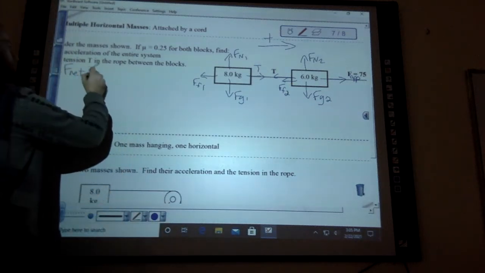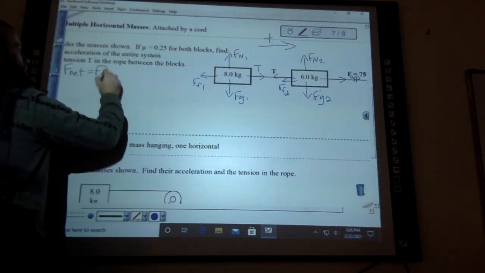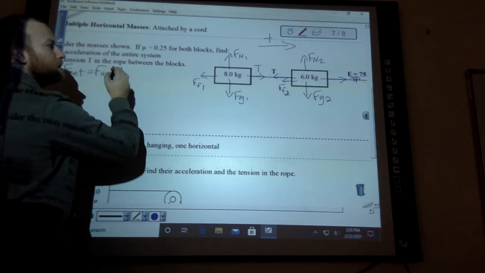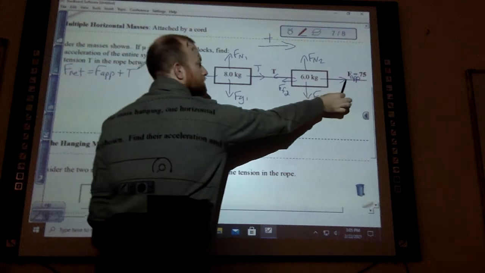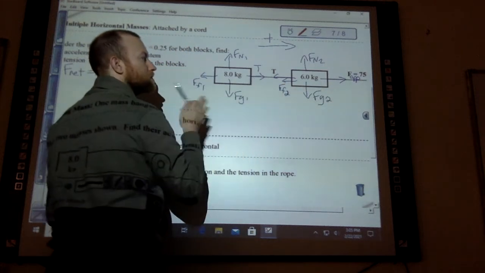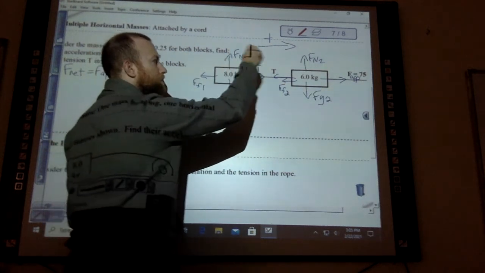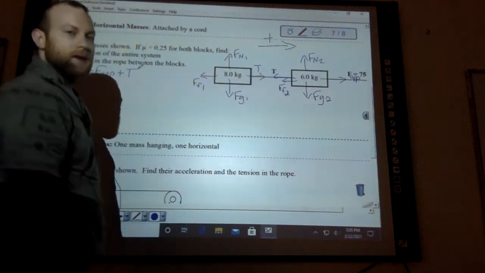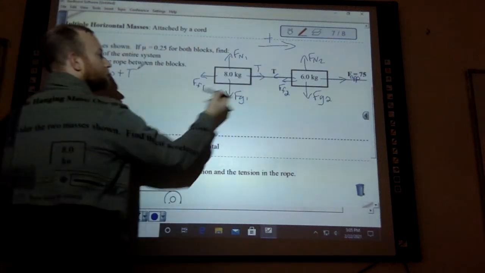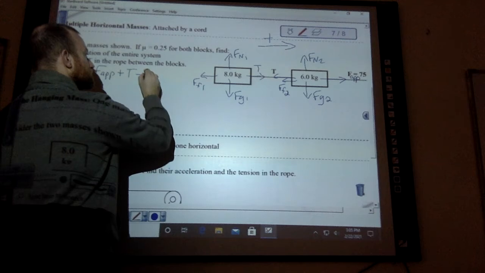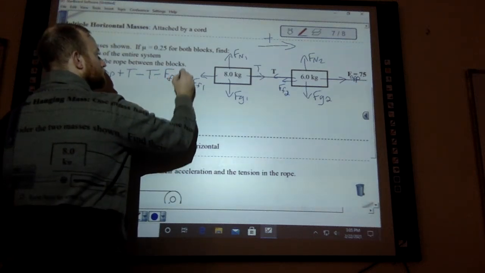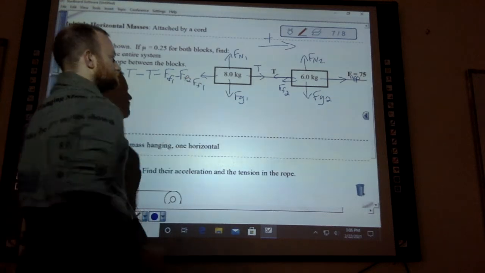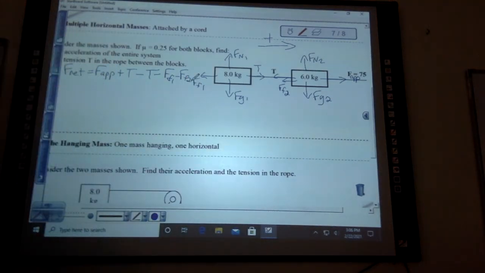So our positive forces are going to be force applied plus tension. Those are the only ones going to the right. Up and down, we don't care about those. Those cancel out. And then we have everything going in the negative direction: minus tension, minus force of friction 1, minus force of friction 2. So that's going to be the overall equation for this.